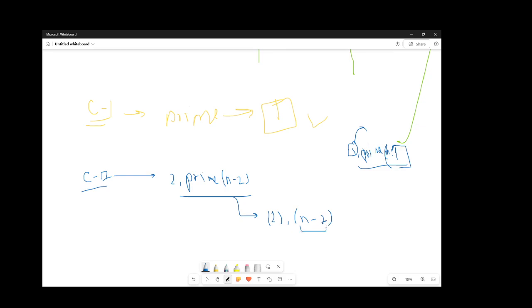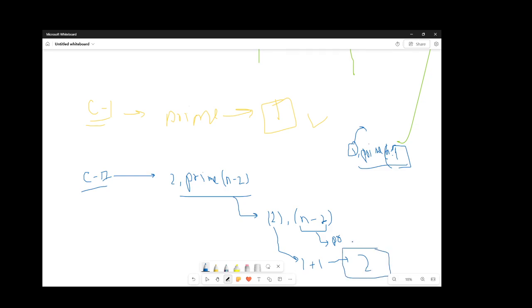If the n minus 2 element is prime, I am writing it as PR, because I am having trouble writing with the mouse. So here for 2, the maximum divisor would be 1, and if n minus 2 is prime, then the maximum divisor would be 1 again. So overall the answer would be 2 here.